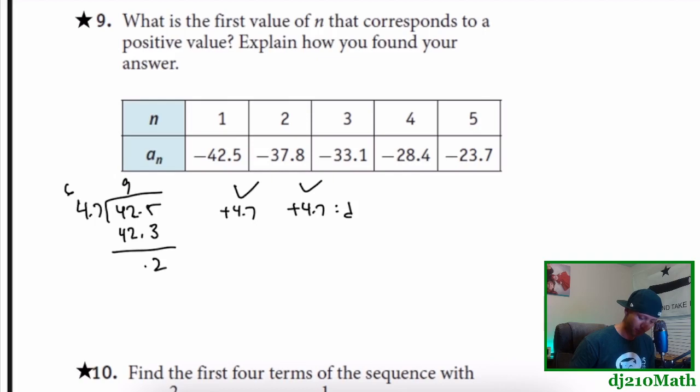So n equals 10 will definitely correspond to the first instance of a positive value for a sub n. It would be positive 4.5, I believe, because 4.7 minus 0.2 is 4.5. So you can just write down what I said. That's how I explained it.